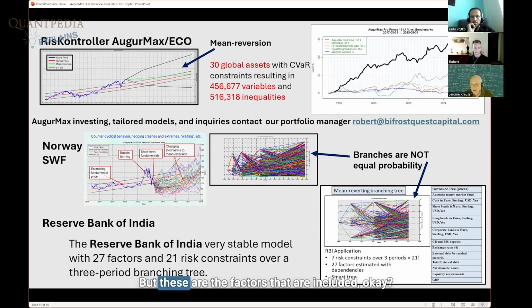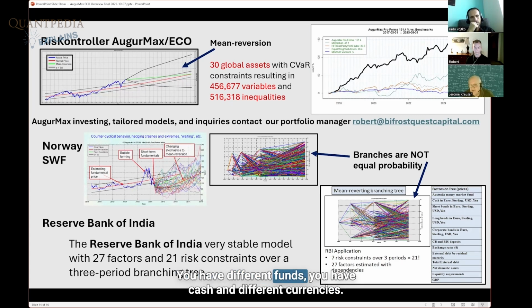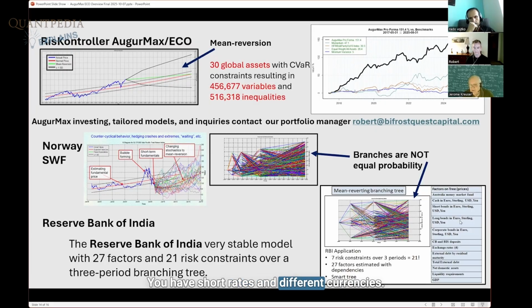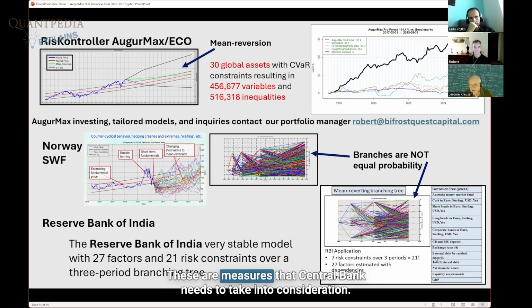Okay? But these are the factors that are included. You have different funds, you have cash in different currencies, you have short rates in different currencies, long bonds, corporate bonds, etc., exchange rates, external debt by related. These are measures that a central bank needs to take into consideration: external debt, GDP, liquidity, and so forth.